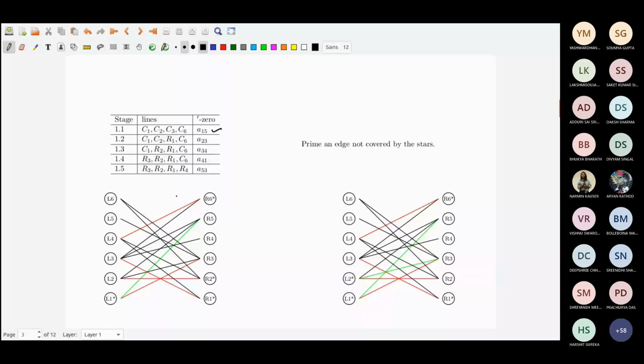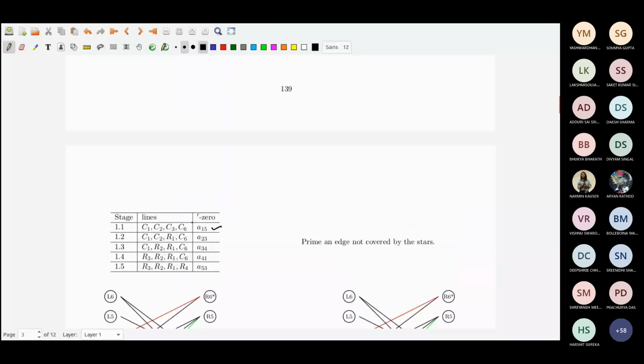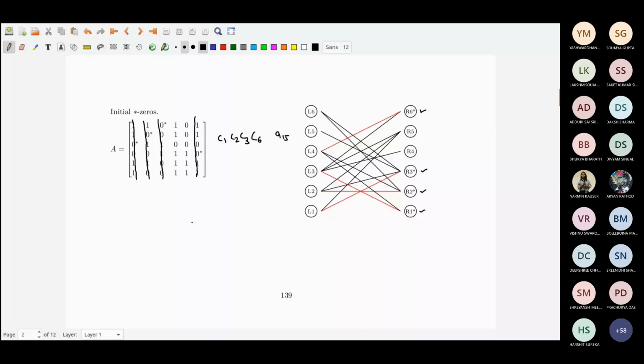Once I have chosen A15, what is the question that I ask? Now in the matrix, I will show the matrix over here. In the matrix, I ask whether there is a 0 star in its row. Well, there is a 0 star in its row.